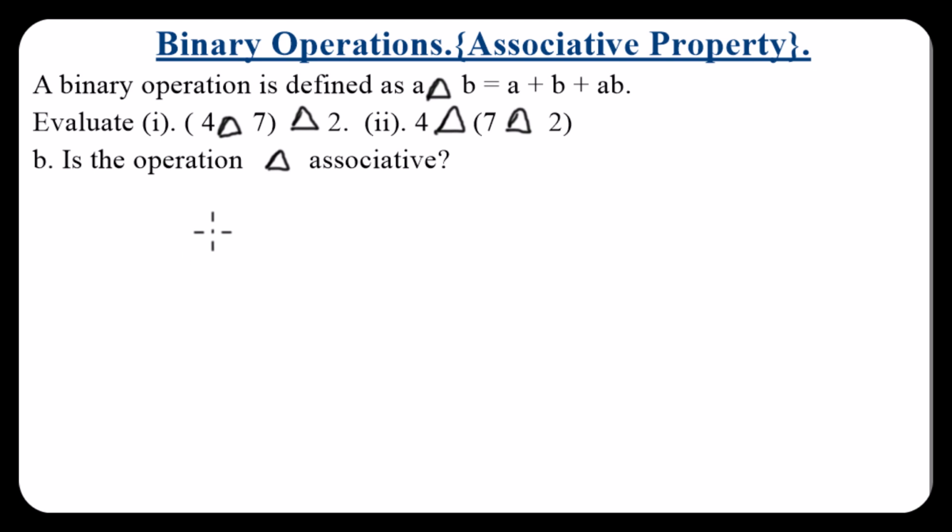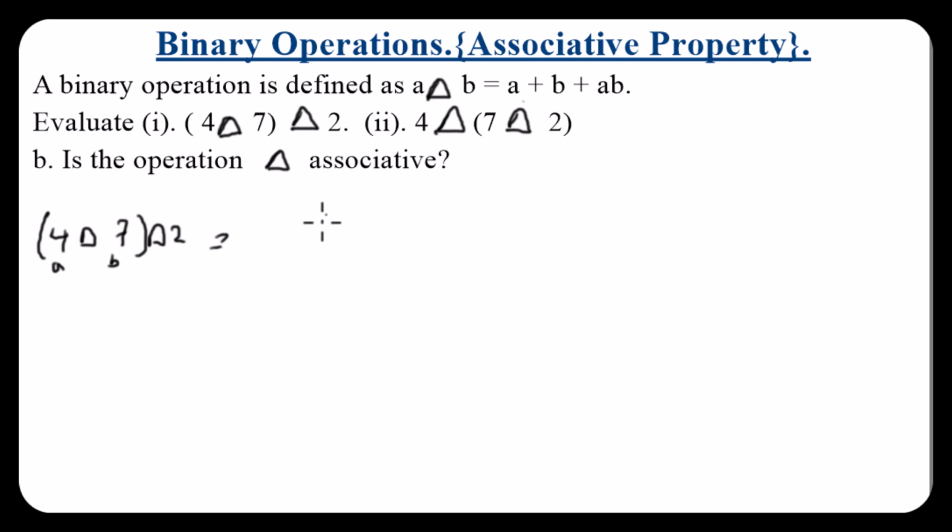All right, so let's try and solve the question. Again, we'll start with BODMAS, so we start with the brackets. Here we have (4 delta 7) delta 2. We solve the expression in the bracket first. The first number has to be A, while 7 becomes B. Anywhere I see A and B, I simplify using the rule defined in the question.